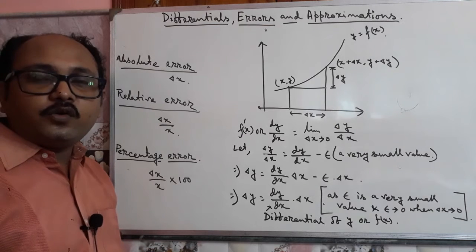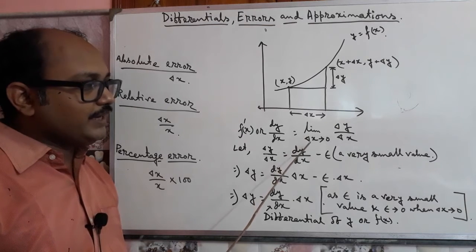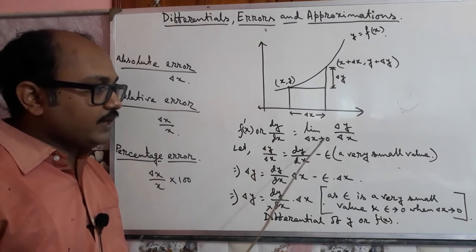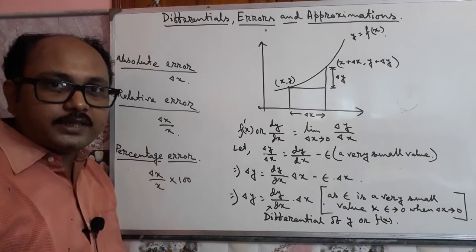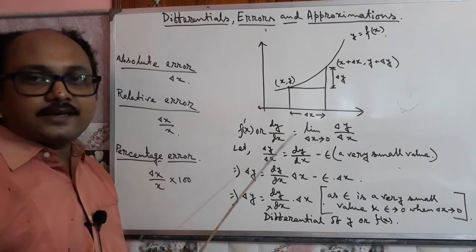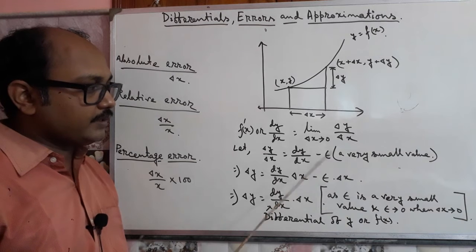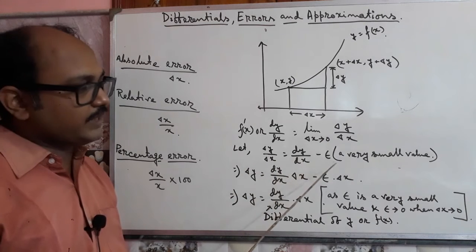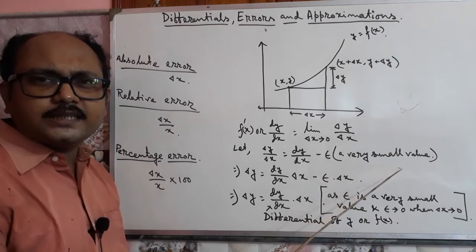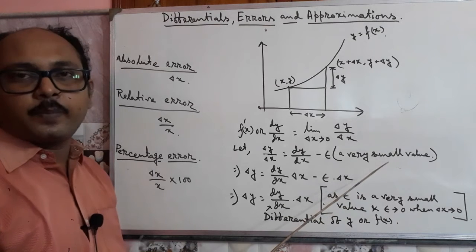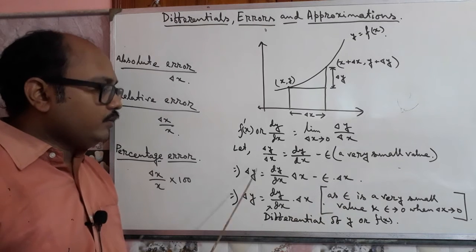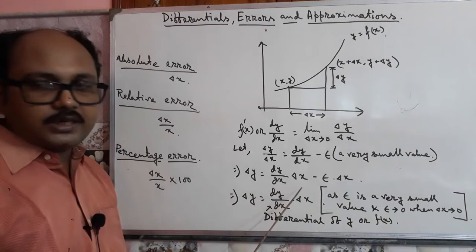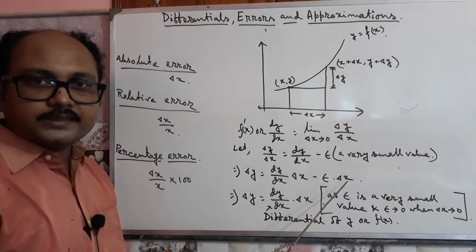Now, if we do not take this limit delta x tends to 0, then in these two values there is a very small difference. Let that difference be epsilon, that is delta y by delta x is equal to dy dx minus epsilon, where epsilon is a very small value. From this equation we can say delta y equal to dy dx into delta x minus epsilon into delta x.